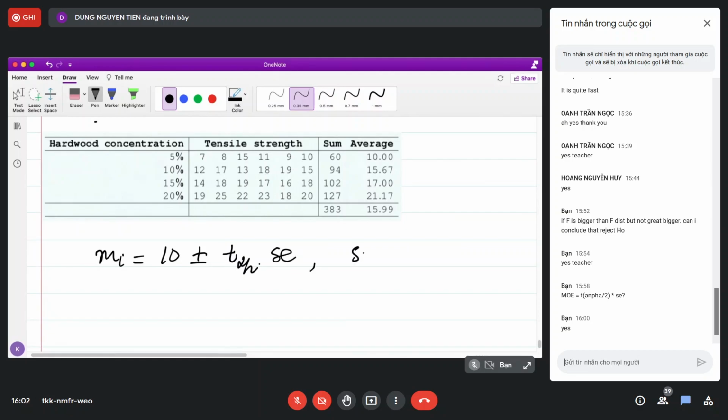And what is the standard error in this case? The standard error is simply the square root of the variance, the MSE divided by the number of observations. And in this problem, for the first group, the number of observations is 6. So we get MSE divided by 6 in this case.